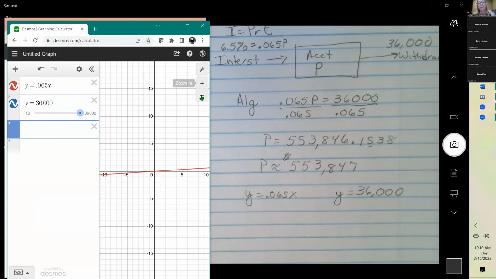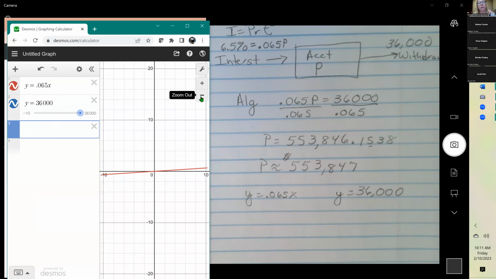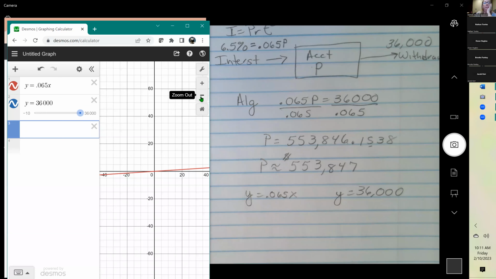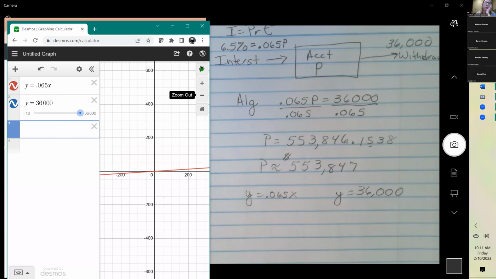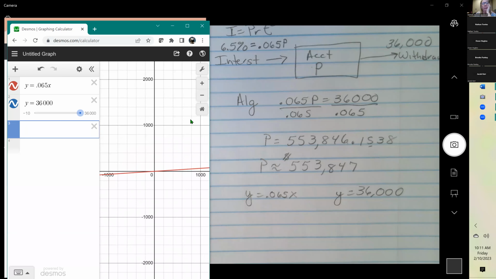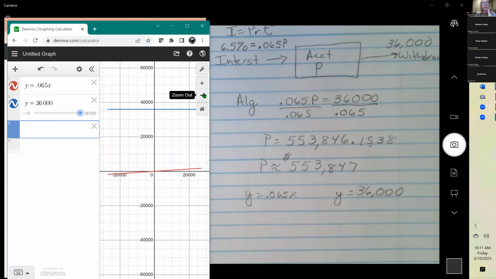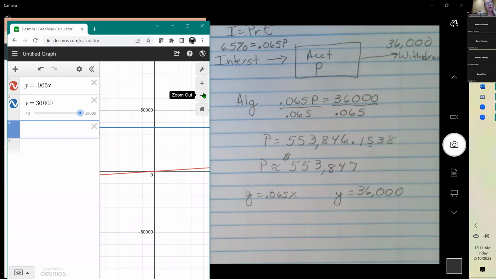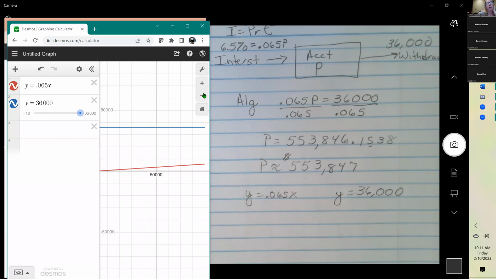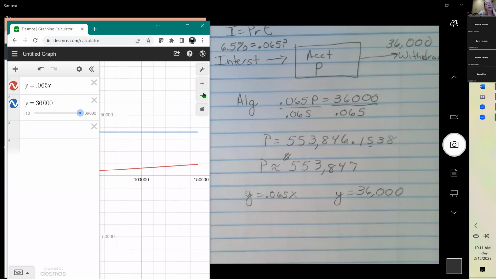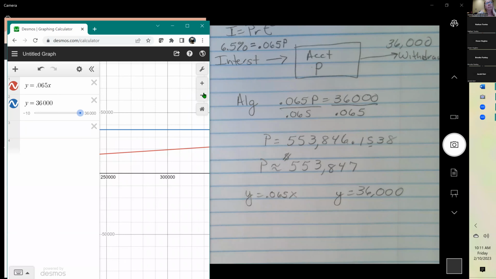So you want to zoom out until you find it. You could also use the wrench and put in values, but when we don't have a table, it's just guessing, so it's better to just keep zooming out. Now I see both lines, so I'm going to move it till I see where they intersect.